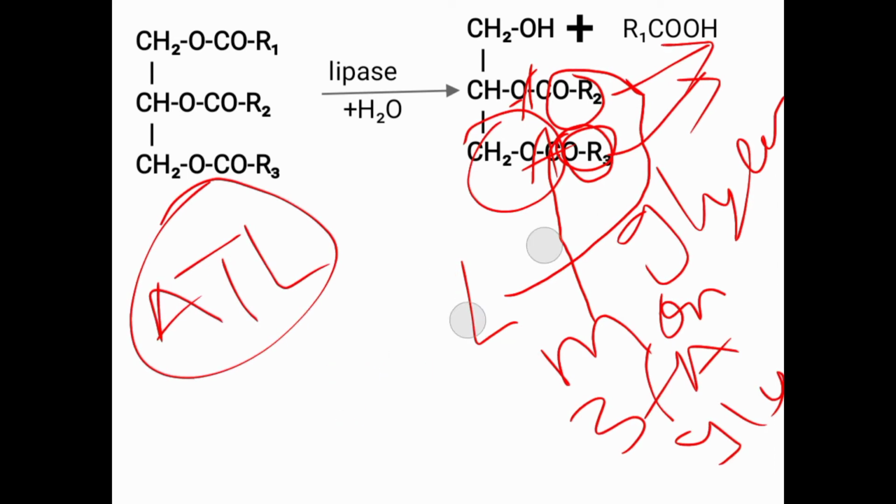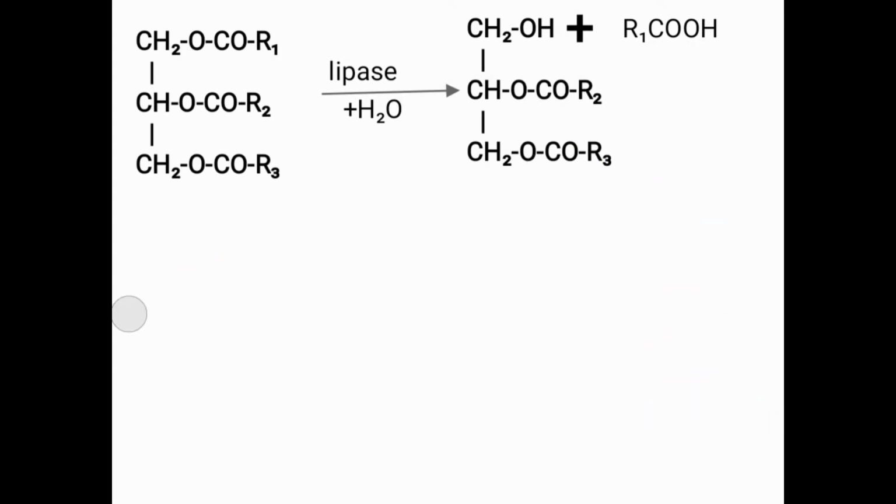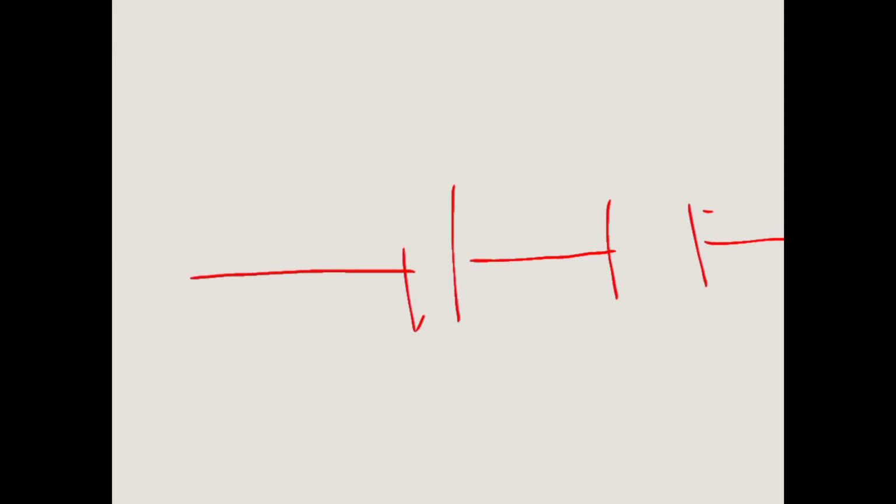So now let's see how these fatty acids and glycerol are going to be transported from the adipose tissue. Let's go back. So now we're going to assume and make a straight line. This is adipose tissue, and this is the blood vessel.